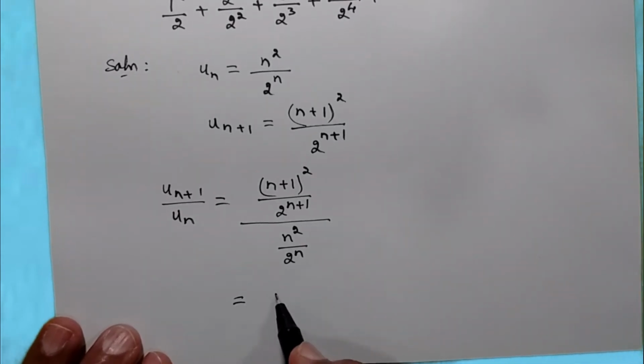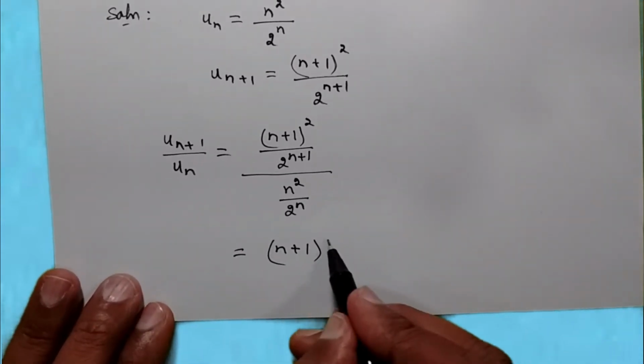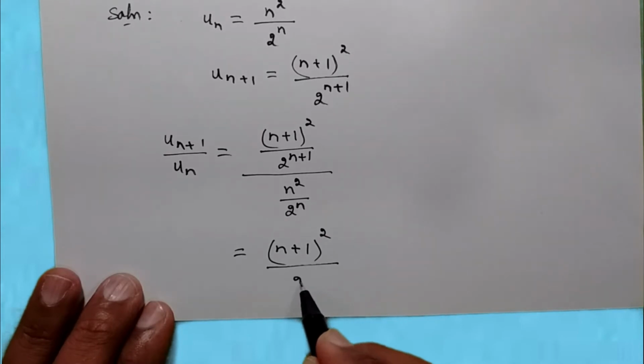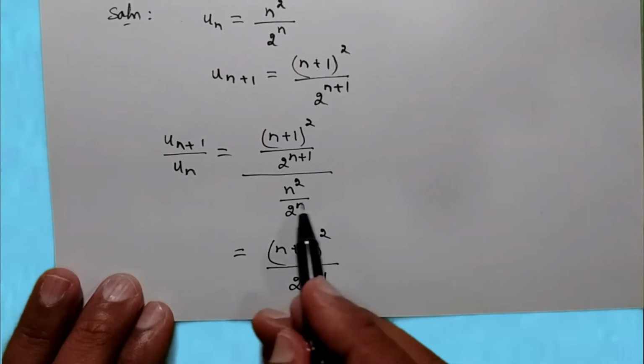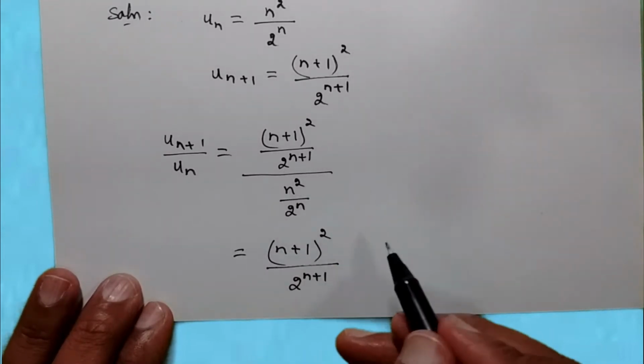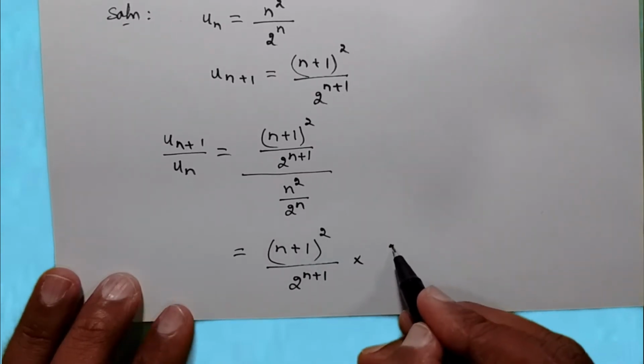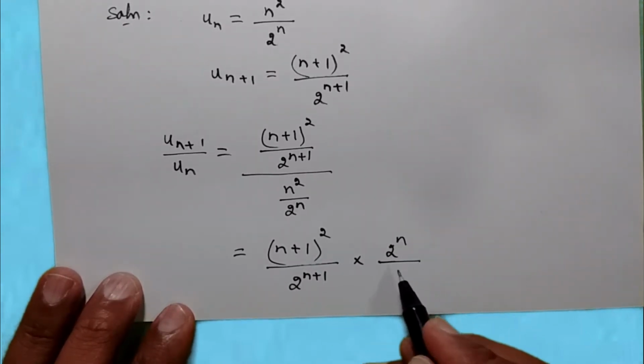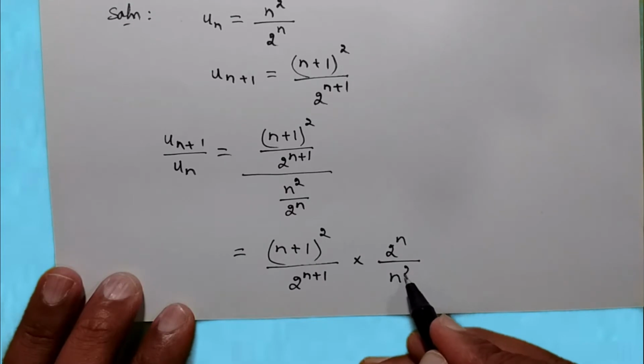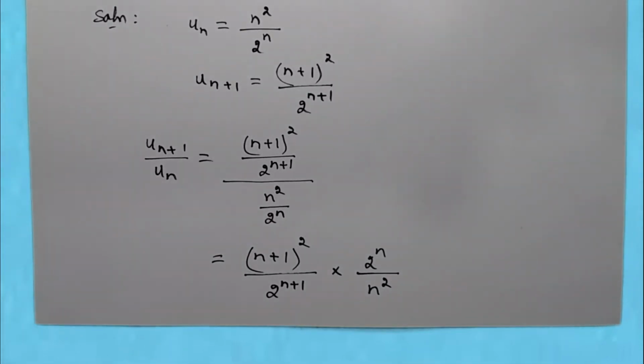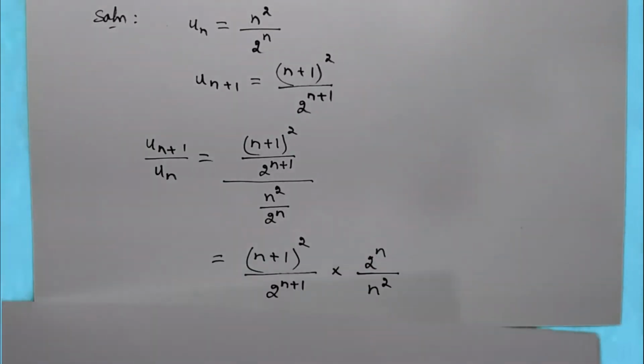So numerator as it is, I'll write n plus 1 whole square divided by 2 power of n plus 1. So this n square by 2 power of n, I'll take in the numerator, it becomes reciprocal. It becomes 2 power of n divided by n square. So we'll try to simplify this expression.